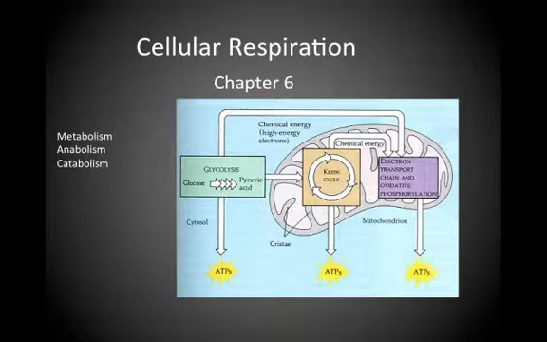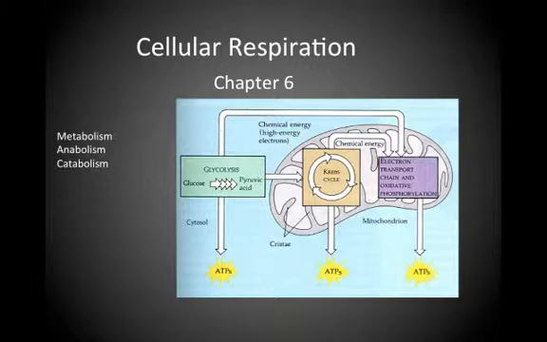Although we haven't talked about why oxygen is important yet, we did say that oxygen is an electron acceptor. And remember, this process of cellular respiration is basically using electrons to drive the production of ATP from the original molecule of glucose.